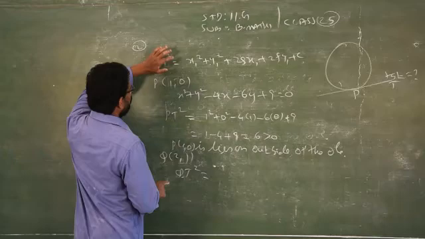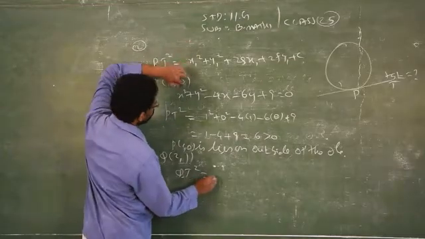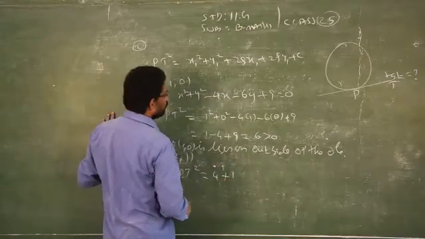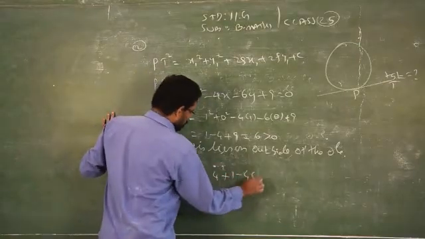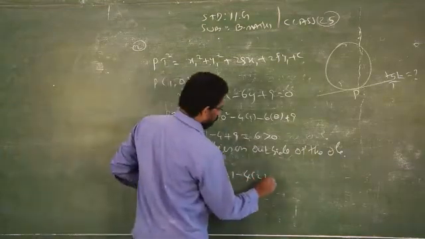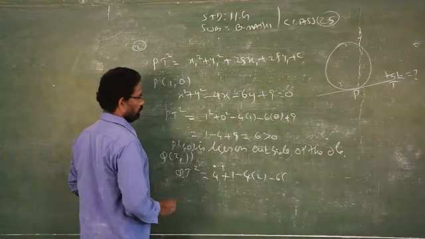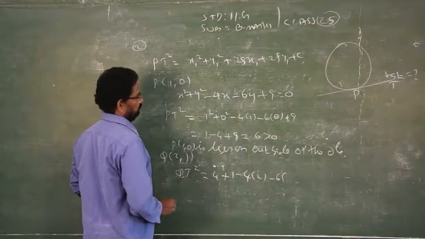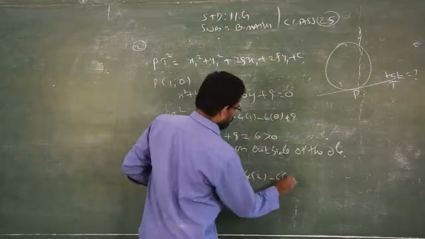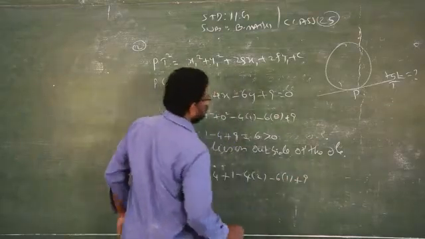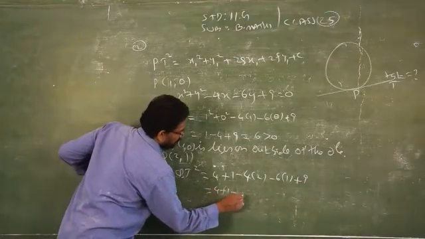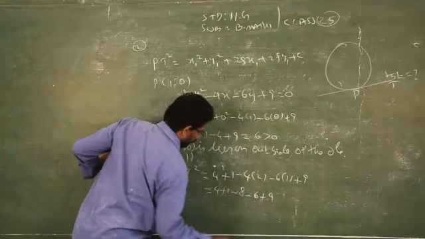Again x is replaced by 2, 2 square, 4 plus 1 square, 1 minus 4 of x is 2, minus 6 of 1 plus 9. So we will see 4 plus 1 minus 8 minus 6 plus 9.